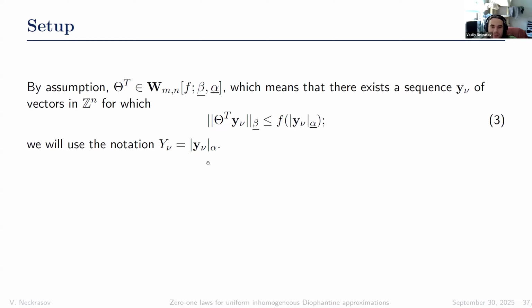So I start by looking at the so-called, well, this is not exactly what we call best approximation vectors. So y_nu is just a sequence of vectors which gives us this rate of approximation, asymptotically with the function.